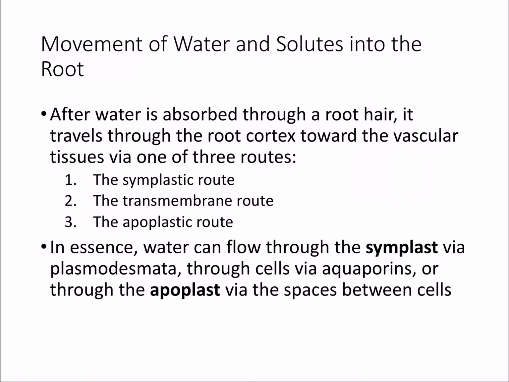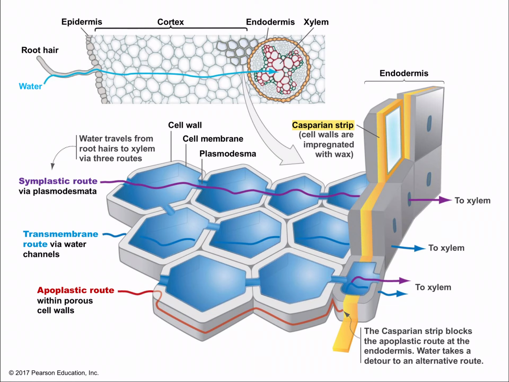Or it can completely bypass the cell membrane and go around the cell wall, and that is the apoplastic route. The apoplastic route is a little bit scary because it's literally just water going through on its own devices, not going through any filtration, but there's a gatekeeper for that.